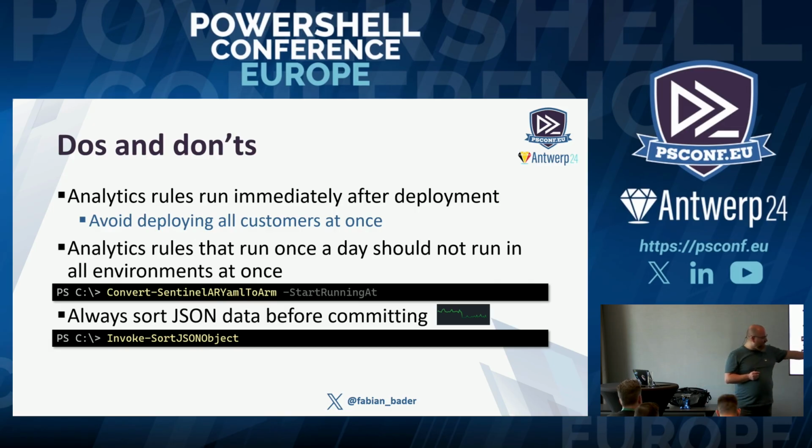So something like the Invoke-SorterJSONObject that will sort it just by property name is really helpful, because otherwise your GitHub commits look like this, because each day you have changes, but it has not really changed. It's just line 5 is now line 10. And as you can see, after we introduced that, it's much quieter in the repository. Still changes, but then only those that you really want in there.